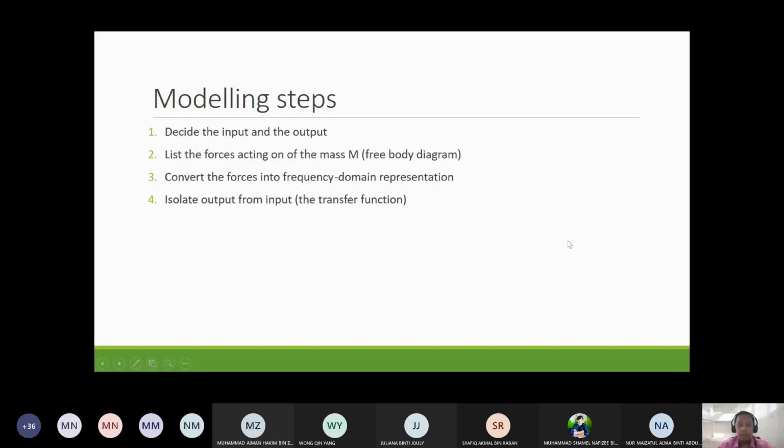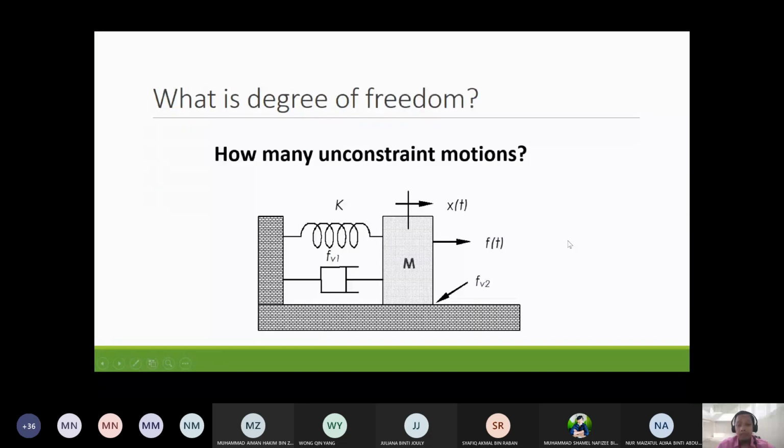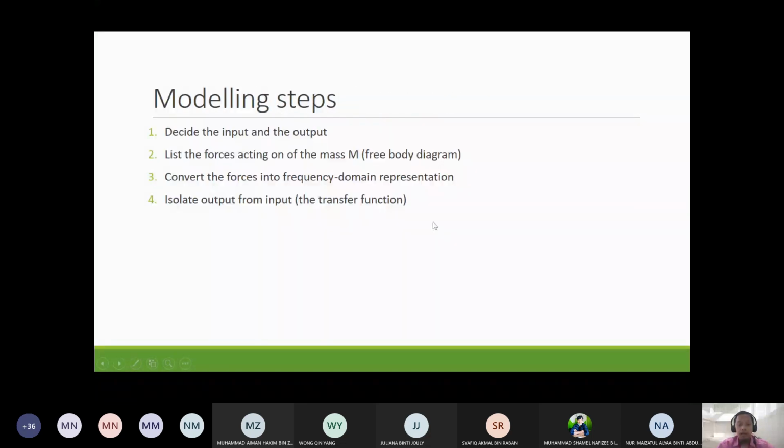To model the transfer function of this system, there are 4 modeling steps. Firstly, we need to decide what the input and the output of the system are. Then we need to list all the forces acting on the mass by drawing the free body diagram. Then we convert the forces into the frequency domain using Laplace transform.